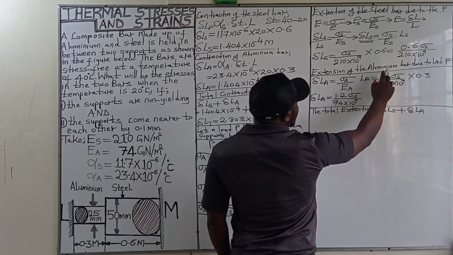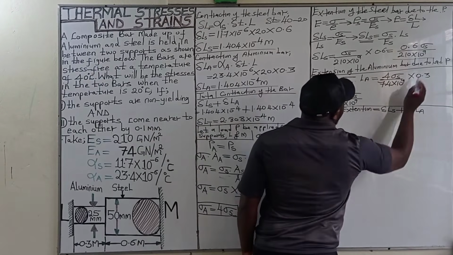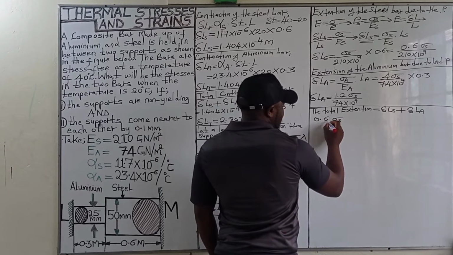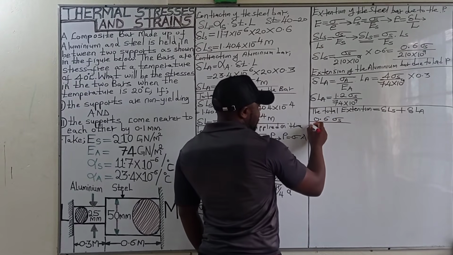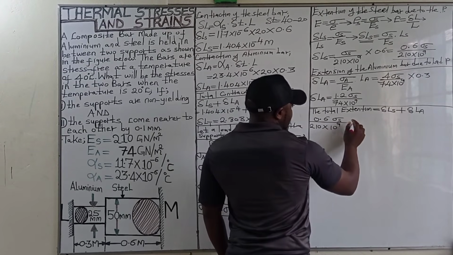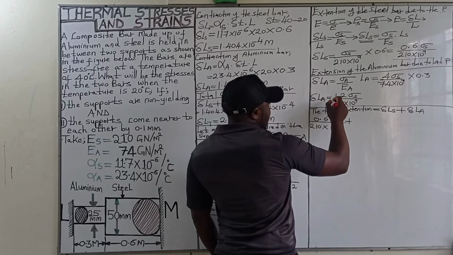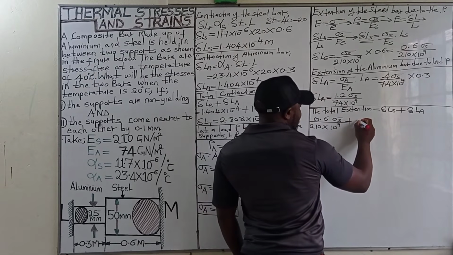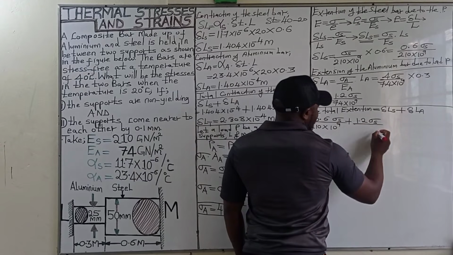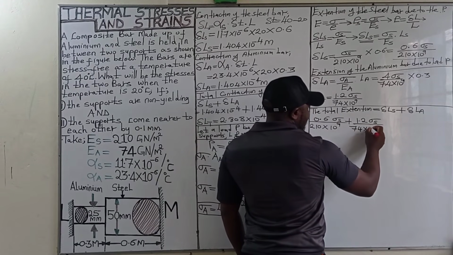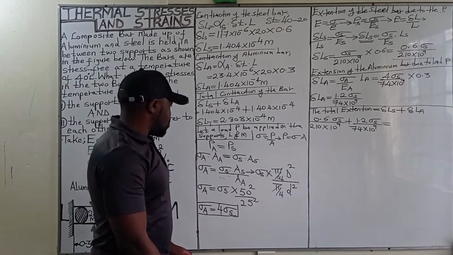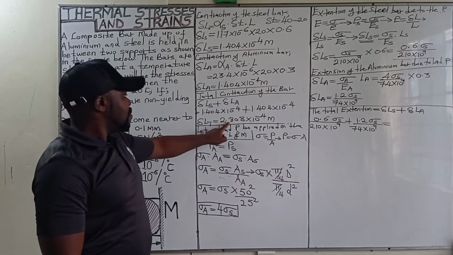Extension of the steel is, we got it here, that is 0.6 times stress in steel divided by Young's modulus of elasticity of steel, 210 times 10 raised to the power of 9. We add that to the extension of the aluminium bar, 1.2 stress in steel divided by 74 times 10 raised to the power of 9, is equal to the total extension. We had it as what?